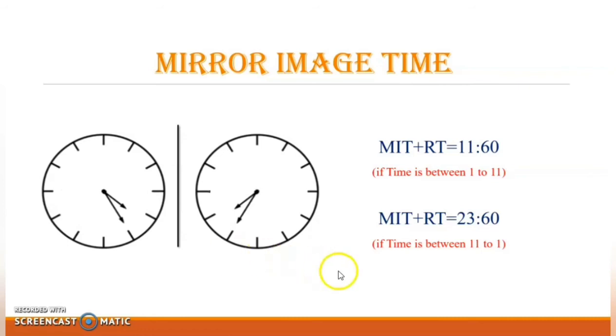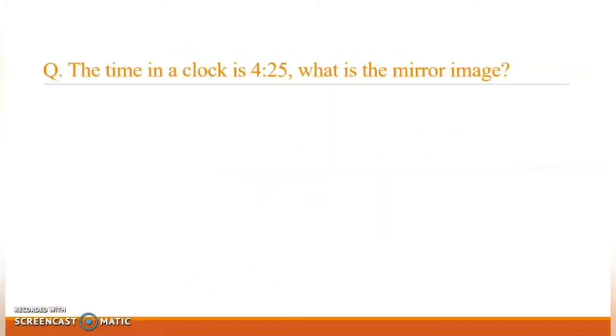So let's make use of whichever formula is applicable here, to know what time is shown by the mirror image if the clock shows 25 minutes past 4.